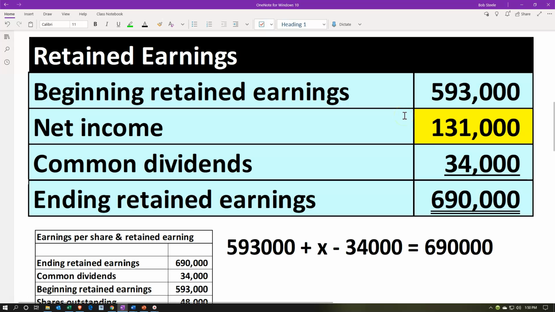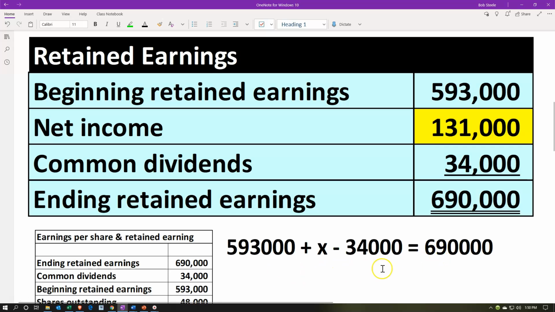Once I know this, then I can write it out as a linear format, so I can more easily apply algebra. So now I'm going to say, okay, the 593,000 plus something X, the unknown, the yellow item, minus the 34,000 is going to equal the 690,000.